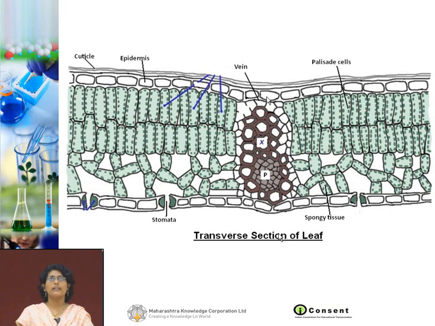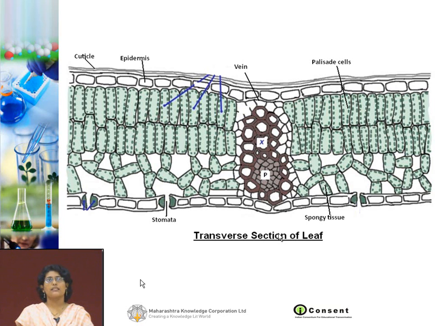This is the vein part or the midrib part of the leaf. Below, you can see some openings on the lower side of the leaf. These are called stomata. These stomata are the external openings of the leaf which provide gaseous exchange. That is, gaseous exchange takes place through these openings.